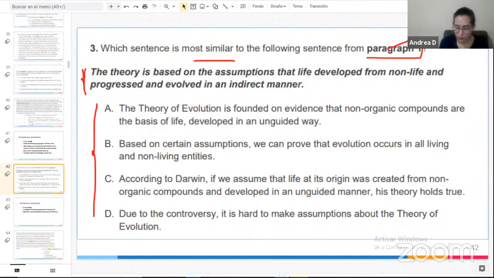So, what would you say? Which one is it? I am not sure, but I think probably it is letter C. Letter C, okay. Something I forgot to say, sorry, is that this theory is about Charles Darwin's theory of evolution.